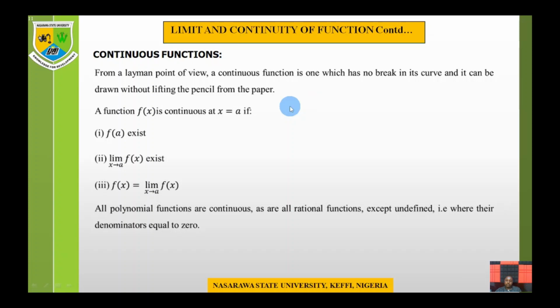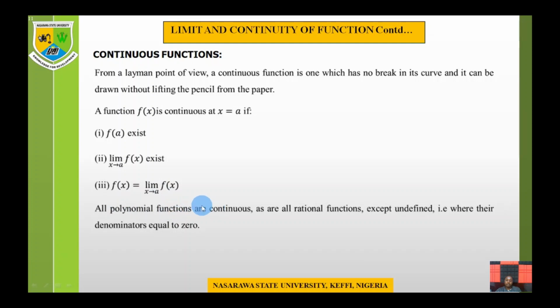A function f of x is continuous at a point x equals a if 1. f of a exists. 2. Limit as x approaches a of f of x exists. 3. f of a equals the limit of f of x as x approaches a.